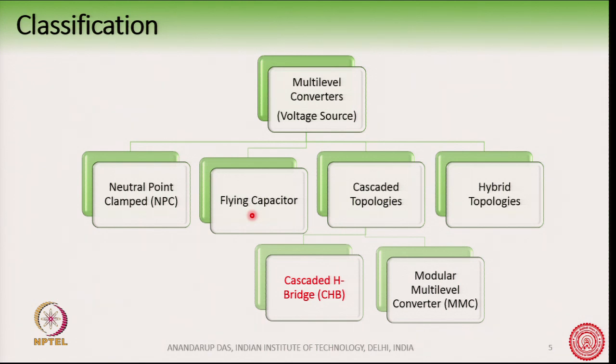Flying capacitor, although it was commercially produced by one manufacturer, has not gained much success. So, we will briefly talk about this, and then you have the cascaded topologies, under which we have the cascaded H-bridge, which we will discuss now, and later we will talk about MMC, modular multi-level converters. This we will talk about.